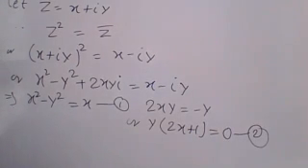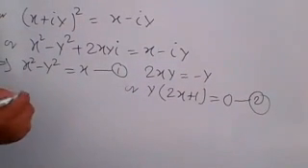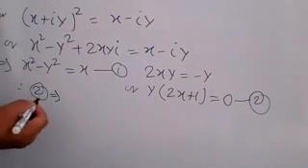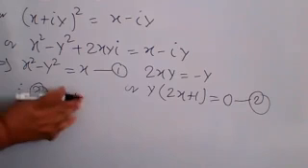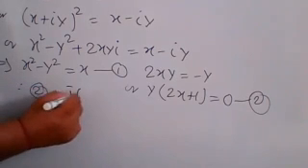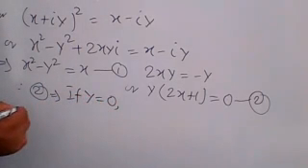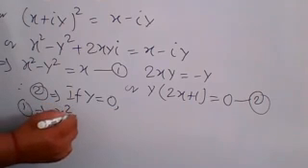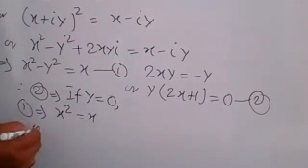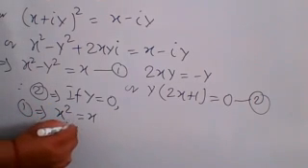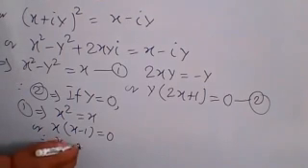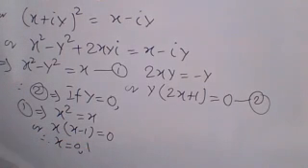Here you write, hence, from the second equation, if y is equal to 0, then the first equation implies x square is equal to x, so taking x common, x times x minus 1 is equal to 0. So you have x is equal to 0 and 1. Here you have two values, x is equal to 0 and 1.